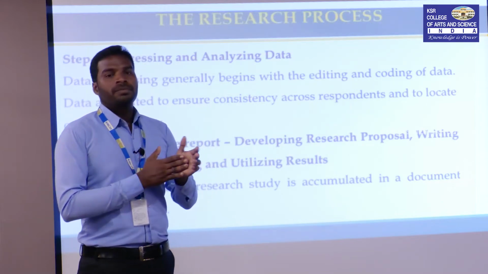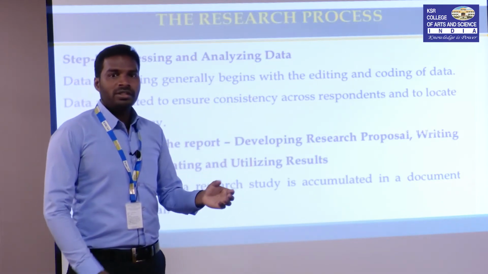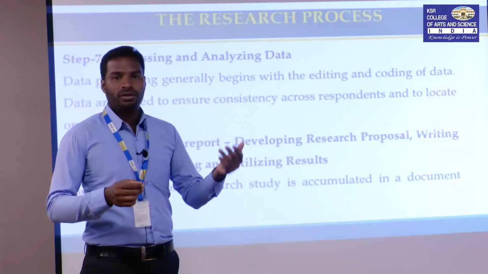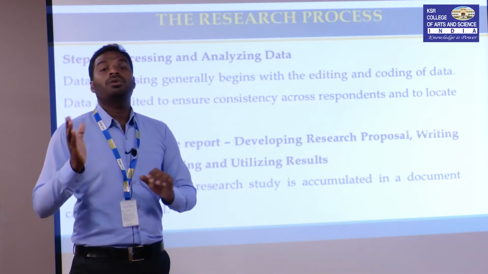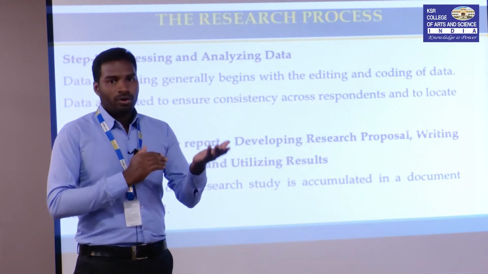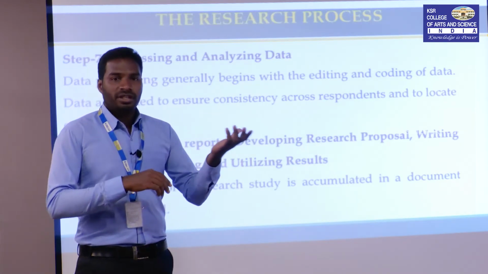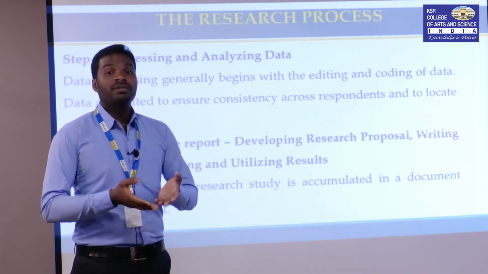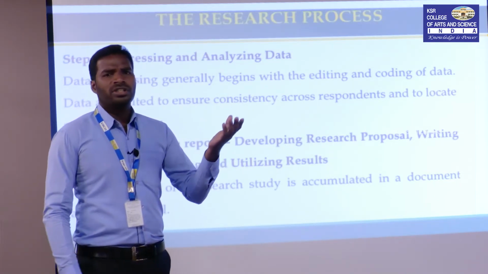For example, if a questionnaire given to the respondents has 2 to 3 questions not filled, we should omit that kind of response. We should have a complete questionnaire filled by the respondents, because otherwise our result can deviate.